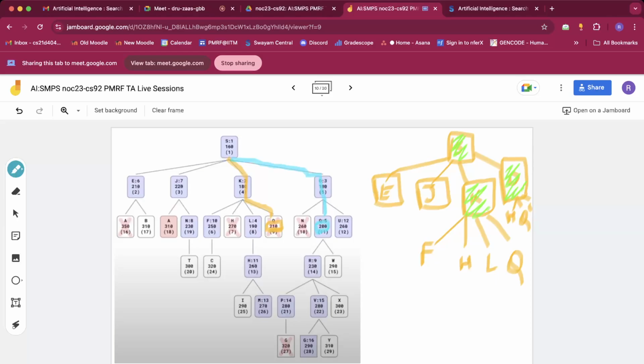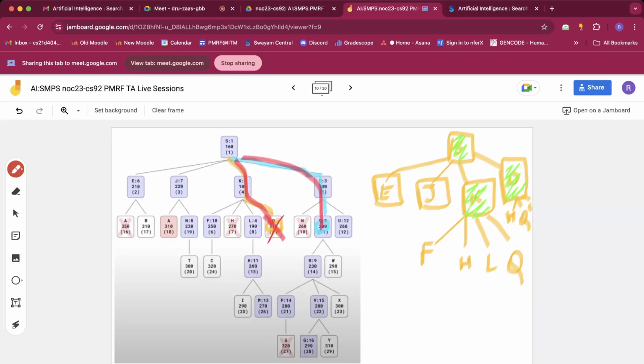So our algorithm thinks that now that I already have a cost of 200 for the path S to Q through O, I no longer need to explore this particular path, because this had a cost of 210. If we keep on exploring further via this path, the added cost will always be greater than the cost that this particular path has to offer us. So we cross out this particular path.